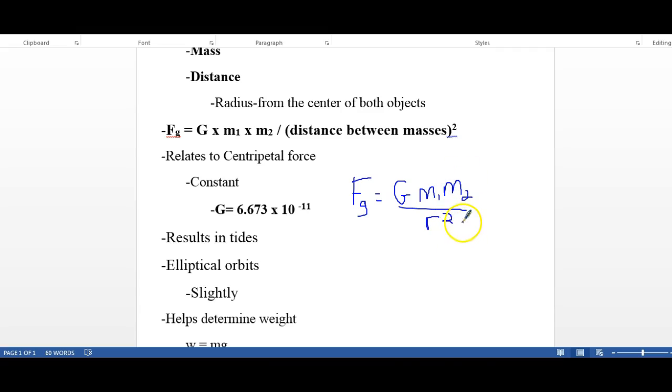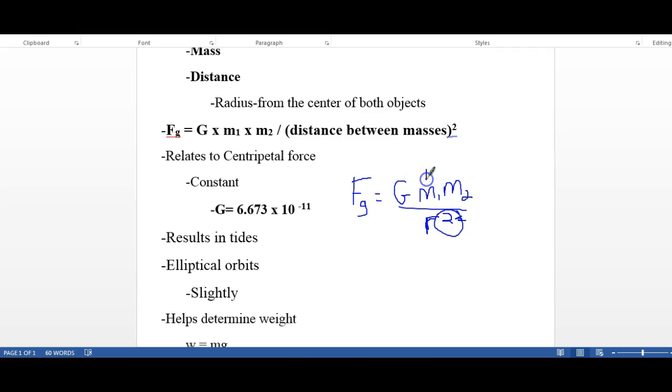Now, this square is pretty important, this little squaring thing right here, because as radius increases, the effect it has on gravity doesn't double, it quadruples. And it doesn't make it greater because it's on the bottom of this equation. If you know math, this is just going to divide into that. So just for example, let's make these easy numbers.